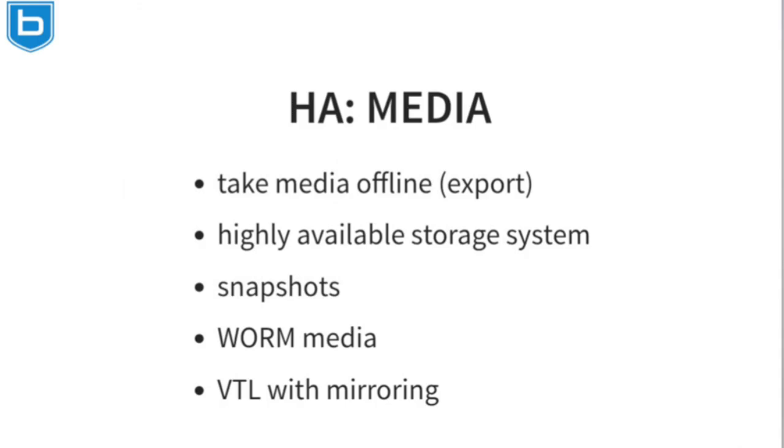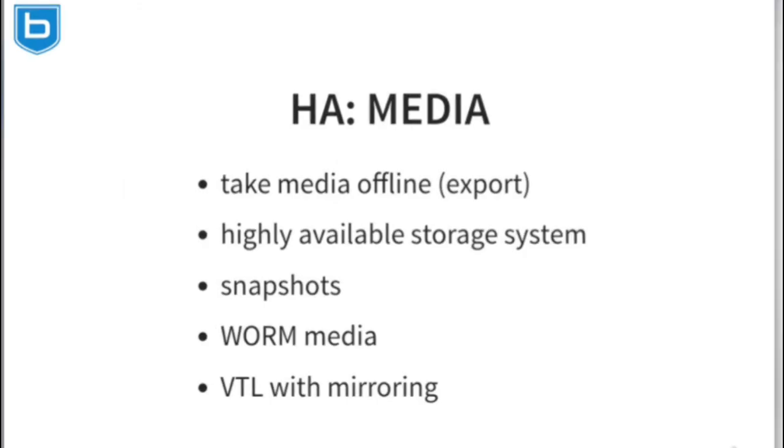Then another thing is that your storage system can go down. For that, you should have a highly available storage system that might also be mirrored to a different location. If you are afraid of ransomware deleting or encrypting your backup files stored on the file system, you can use something like snapshots so that at least you have an older version and the currently visible data can be recovered.